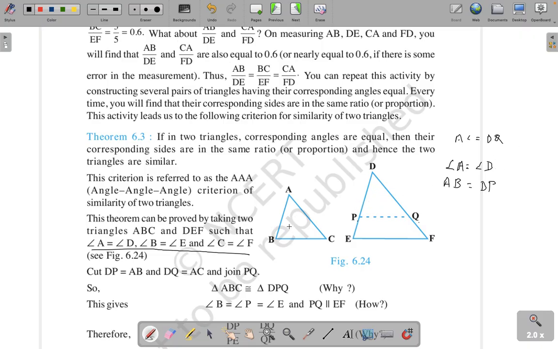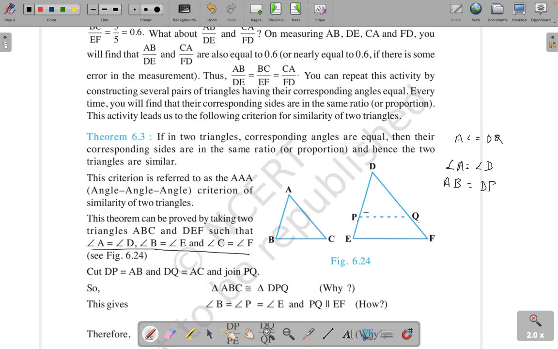Does this mean that these two triangles are congruent? These two triangles are congruent by SAS criteria. So this means DPQ is the same as ABC.